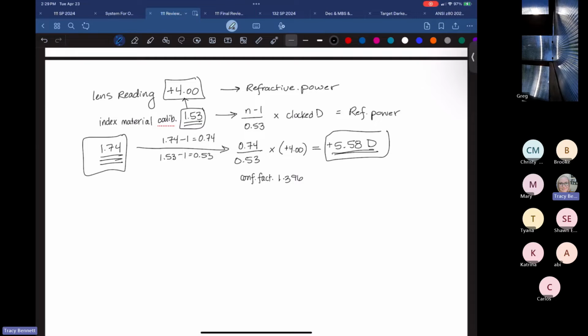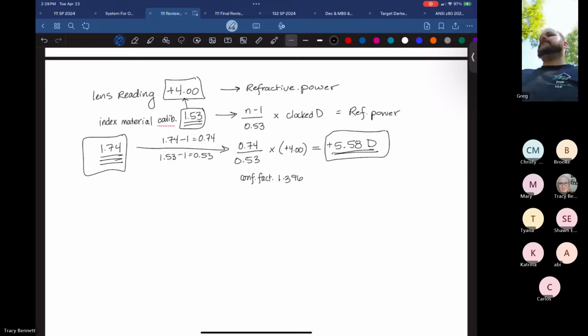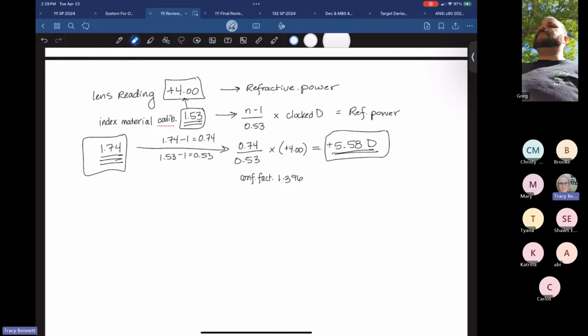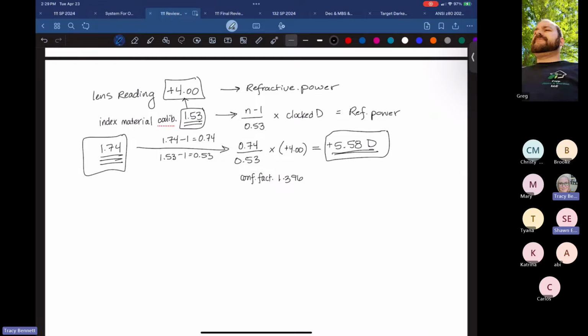And so that's what allows, when you're working, you're always saying, oh, well, you can go with a higher index, it'll be thinner and lighter weight, thinner and flatter and lighter weight. Not always lighter weight, but thinner and flatter, definitely, yes. That's because of that refractive power of the material itself, not the surface, but of the material itself.